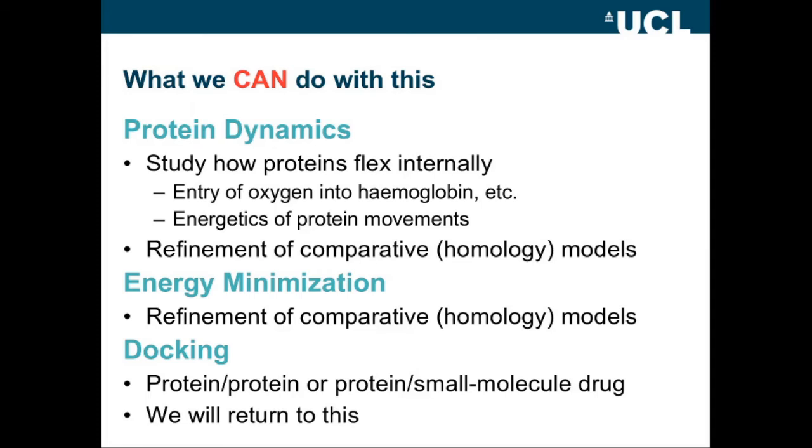And the problem with that surface is that it's very rough, and therefore there are lots of local energy minima. So if we just do an energy minimization, what tends to happen is that we get trapped in a local energy minimum. So we can use molecular dynamics as a way of being able to get over those local energy barriers by putting some energy in, in other words, having a slightly higher temperature.